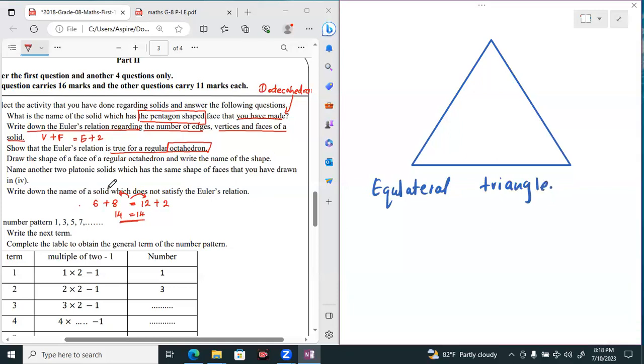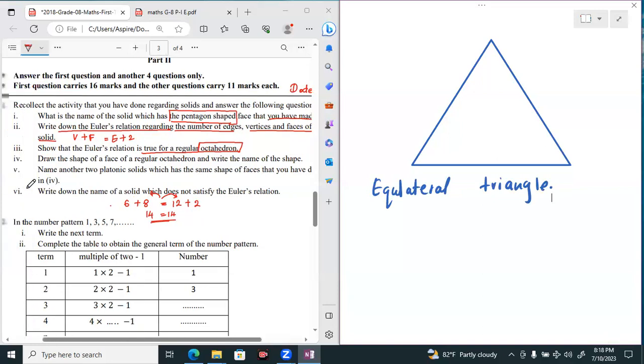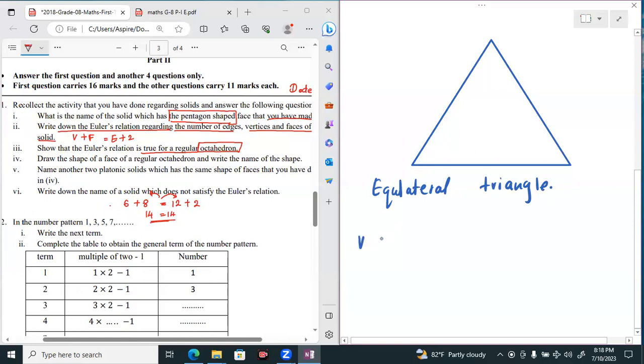Name another 2 Platonic solids which have the same shape of faces that you have drawn in the 4th one. Platonic solids must have all faces equal. So you cannot write a square-based pyramid here, because although it has triangles, it is not a Platonic solid.